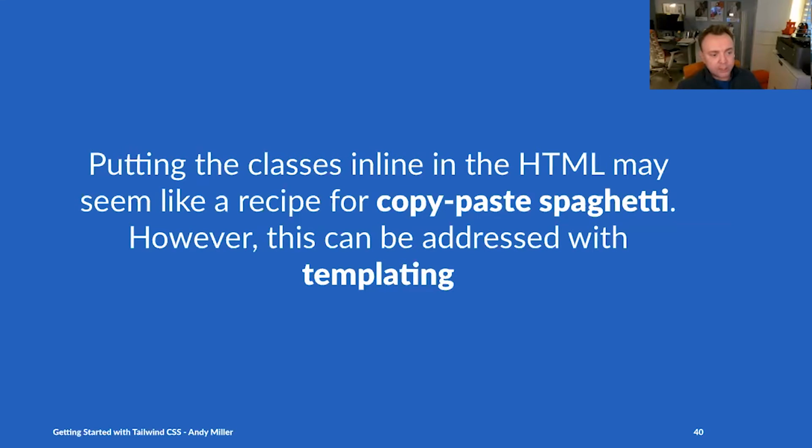And this is a really good way to avoid the potential of having repetitive HTML with a bunch of repeated classes throughout your design or your site. This is a popular technique for things like cards. So if you have a common styling for a card, you might break that up into a sub template, and that would contain your HTML and all the Tailwind CSS class styling for how that card should look.